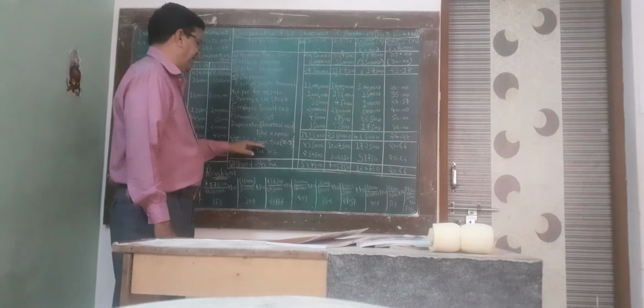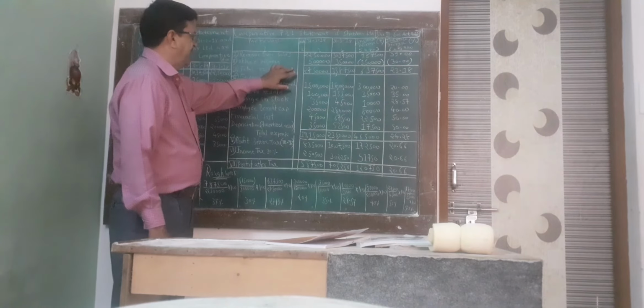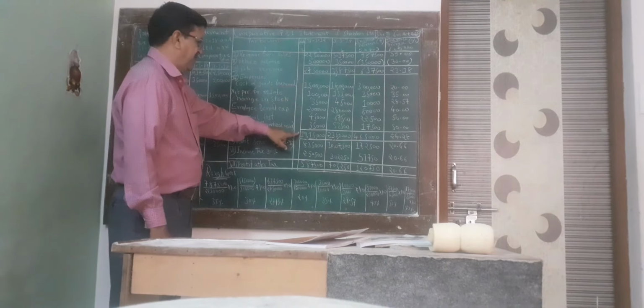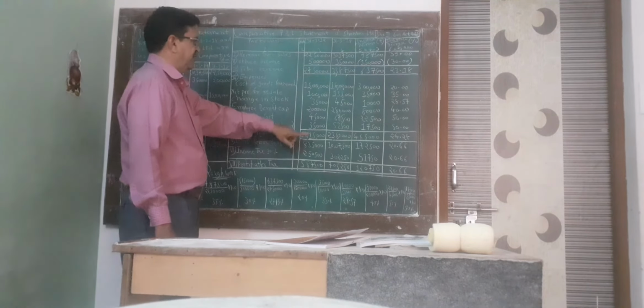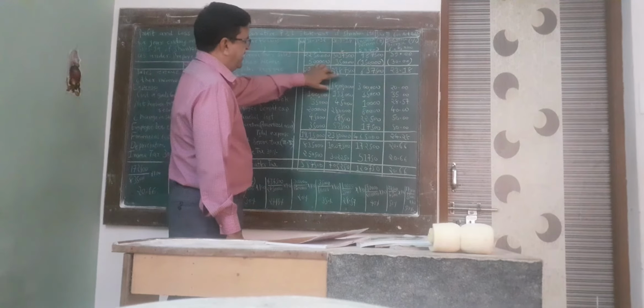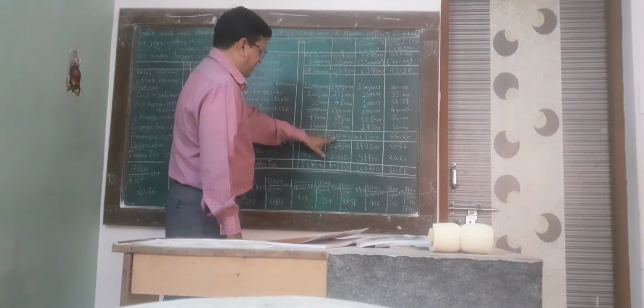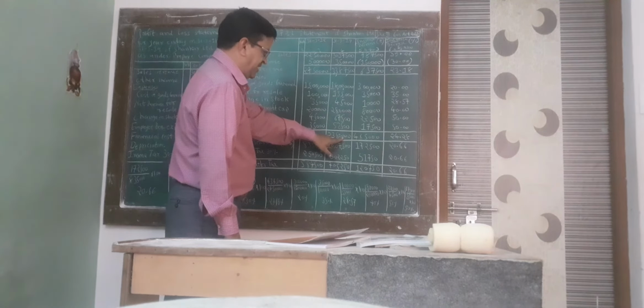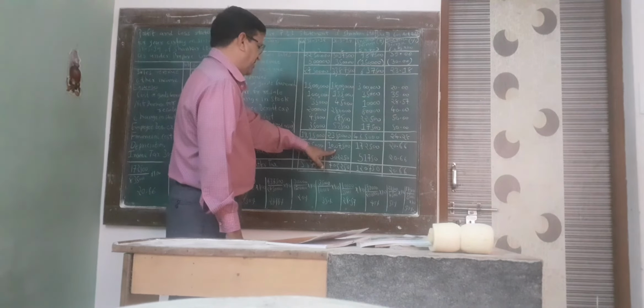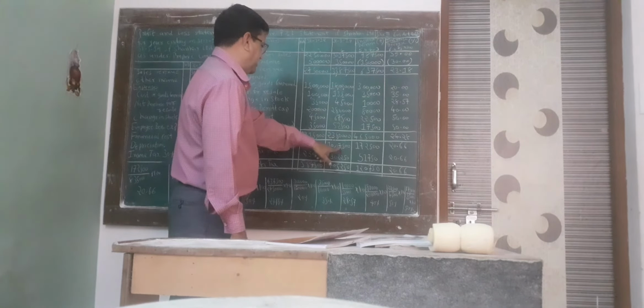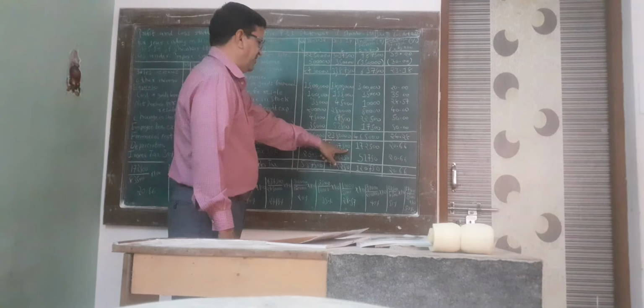Now, profit before tax. Total revenue 27,50,000 minus 19,50,000 is equal to 8,00,000 in 2018. And 33,87,500 minus 23,80,000 is equal to 10,07,500 in 2019.